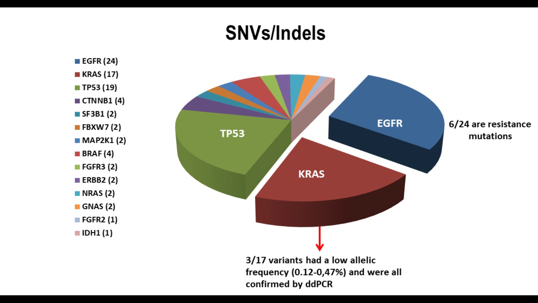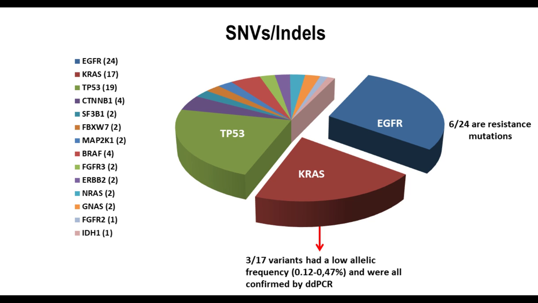Actually, the next slide shows you the frequency of single nucleotide variants and indels, and we identified EGFR 25 mutations, 6 of these were resistance mutations, and for KRAS we identified 17 mutations. Of these, 3 were at low allelic frequency, and all these mutations were confirmed by droplet digital PCR.